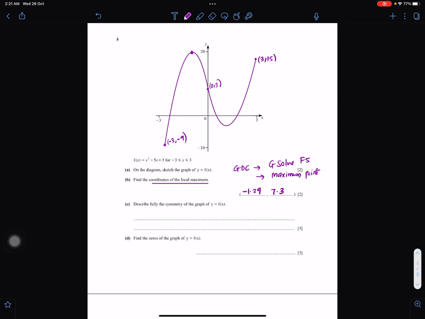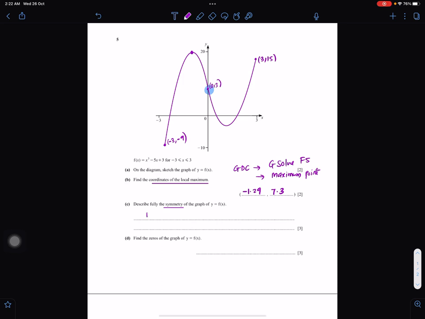The next part is: describe fully the symmetry of the graph of y equals f of x. The graph clearly is not symmetrical about any vertical or horizontal line. The graph seems symmetrical about one of the points on the graph. In case of the symmetry of the graph, which is for 3 marks, you have to mention 3 things.